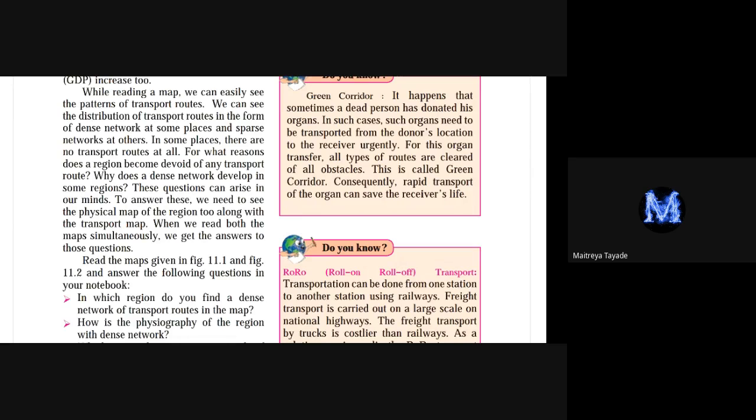It shows railway routes, airports, roadways, even waterways. When we read both maps simultaneously, we get the answers to those questions. You can easily understand why there is a dense network of transport routes, why there is a sparse network, and why in some places there is not even a single route.